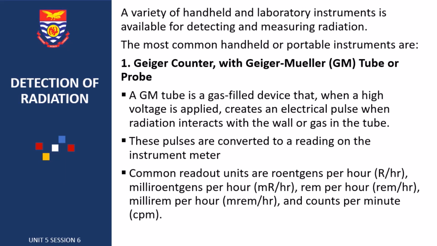There are several handheld laboratory instruments that can be used to measure radiations, and they can also be used to detect radiations. The most common ones are the Geiger counter with Geiger-Müller tube or probe.